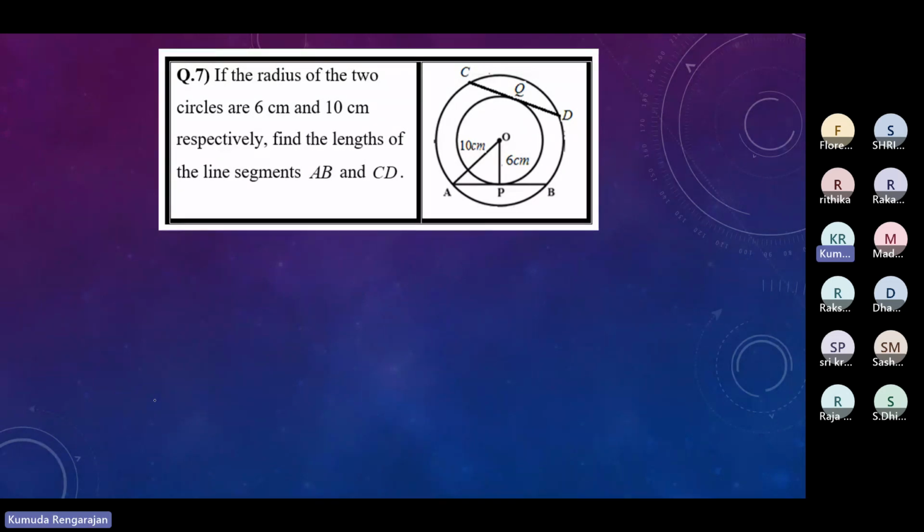So in this question, you'll have to find the length of the line segments AB and CD.